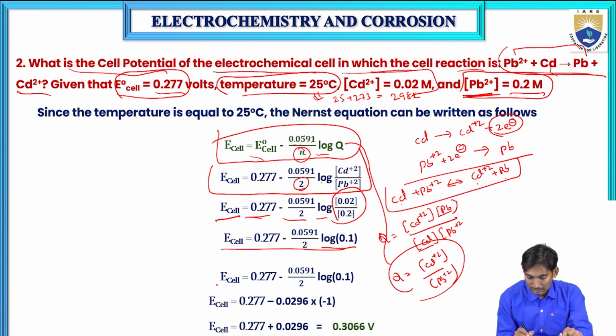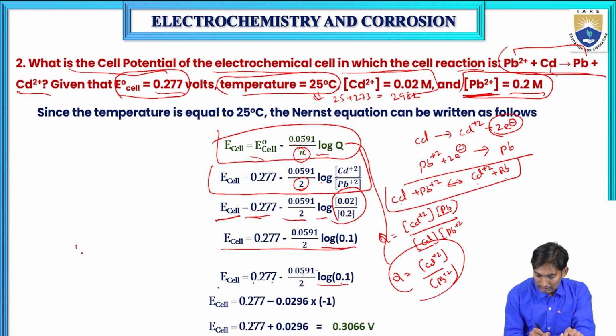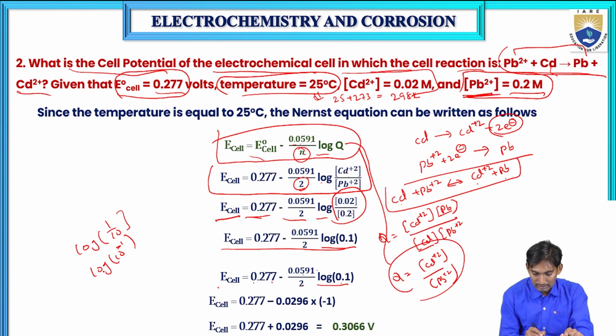Log 0.1 we can write as log 10 to the power of minus 1, so log 0.1 is minus 1.